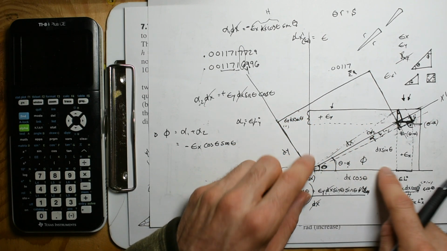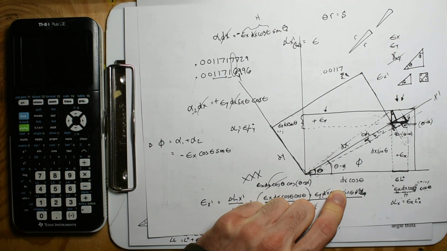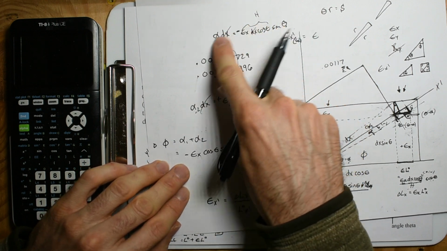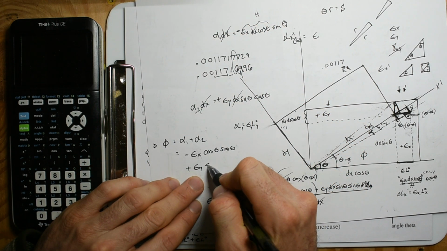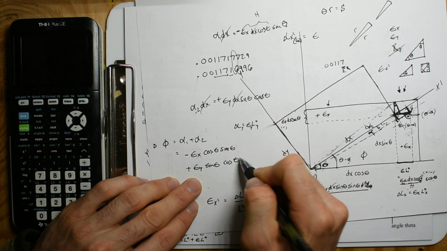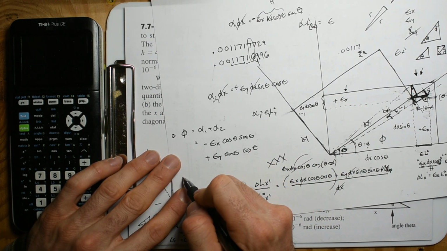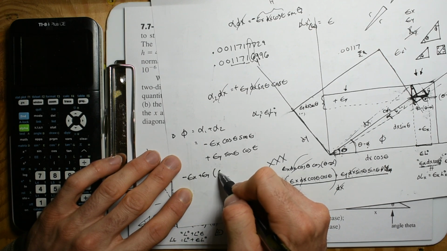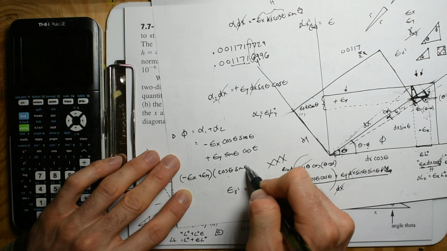That is what makes the geometry so simple. So the change in angle is going to be that alpha 1 and this alpha 2. So plus strain in the y, sine theta, cosine theta. And you can see, this is just negative strain in the x plus strain in the y, parentheses, cosine theta, sine theta.